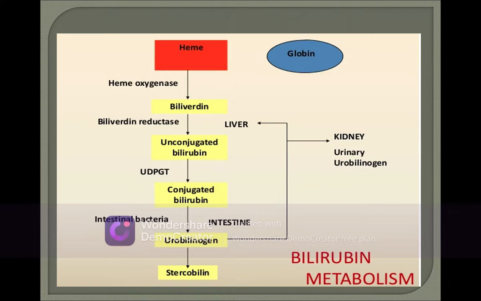Then inside the liver, the enzyme system of the liver will convert it. The conjugation occurs with the other proteins present in the hepatocytes, UDPGT, that is uridine diphosphate glucuronosyltransferase, which combines with the unconjugated bilirubin and converts it into conjugated bilirubin.